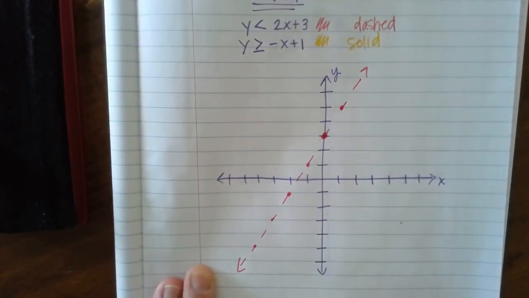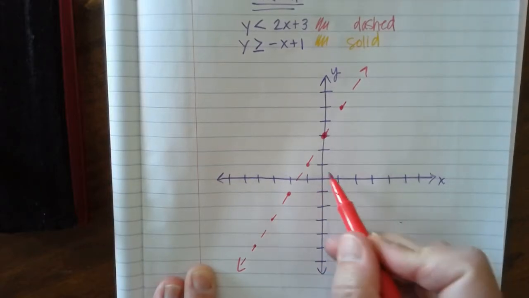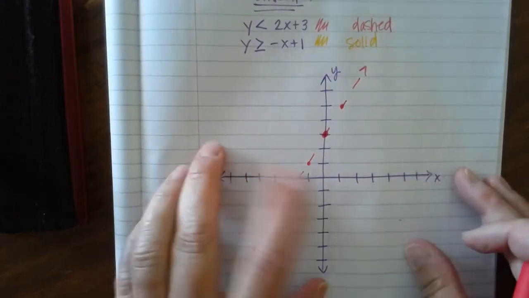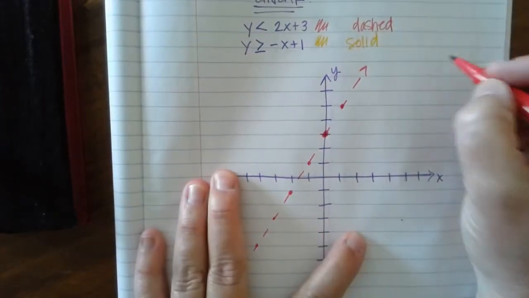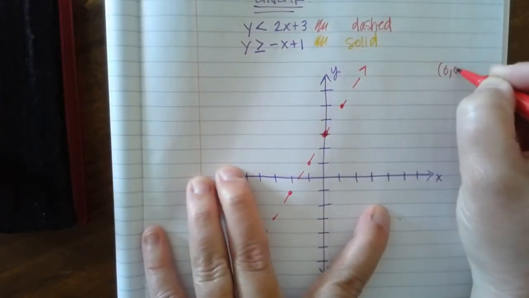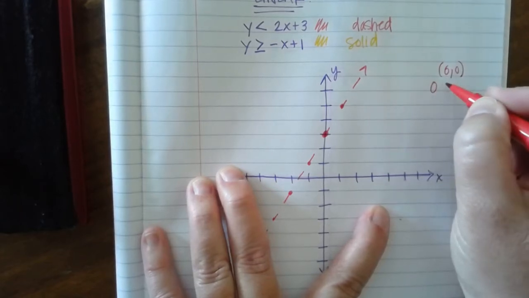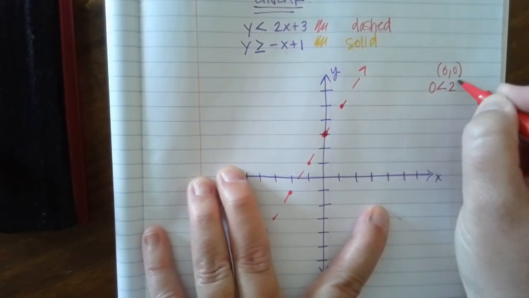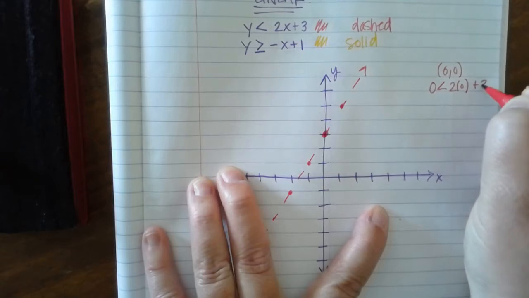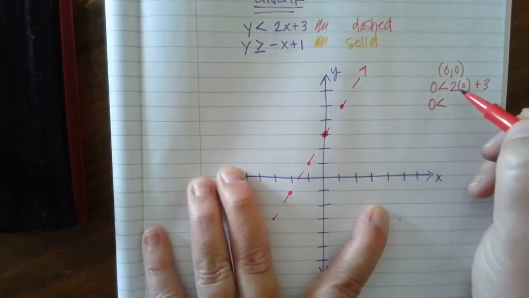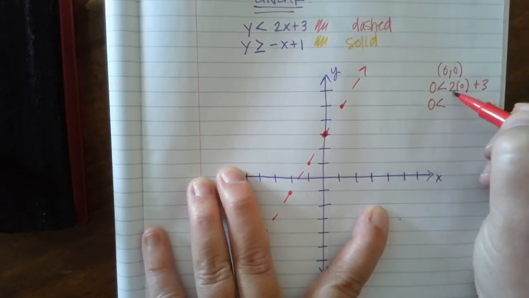Now what we're going to do is just like I did yesterday, I'm going to use the test point 0, 0. I can always use the test point 0, 0, except if my line goes through there. So I'm going to do my work right here. So my test point is 0, 0. So I'm going to plug it into the top inequality. 0 is less than 2 times 0 plus 3. So we have 0 is less than 2 times 0 is 0, so that goes away.